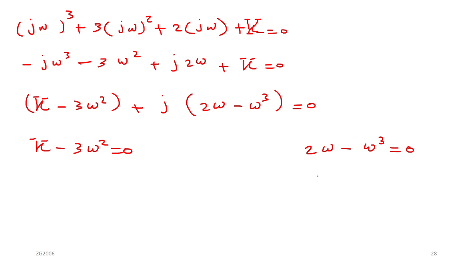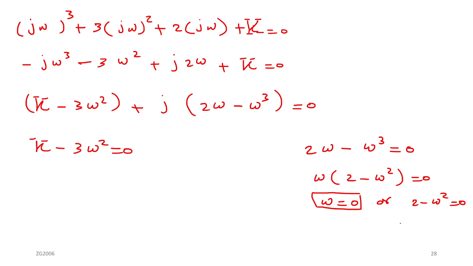So let's solve for omega from here. This is going to be omega times 2 minus omega squared equal to 0. So either omega will be equal to 0 or 2 minus omega squared equal to 0, and here omega will be equal to plus or minus square root of 2.